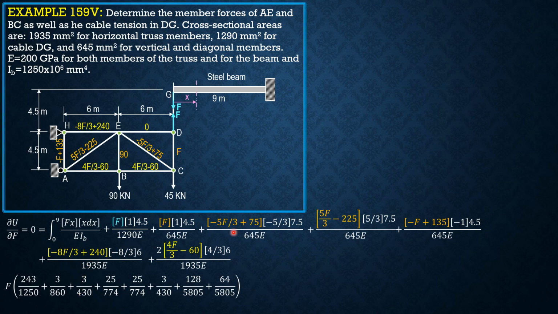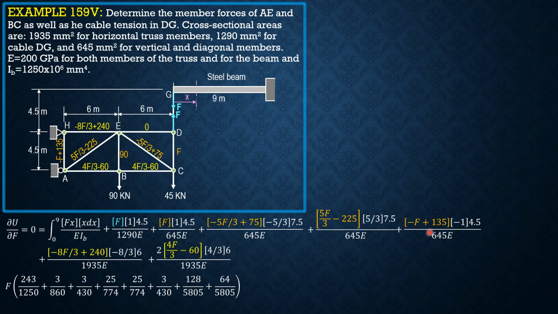So for the next, we have 3 over 430, this one. For the next, except the constant, because we transpose it to the right later. Then this one is 25 over 774.